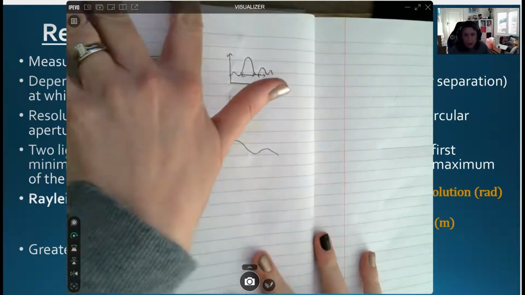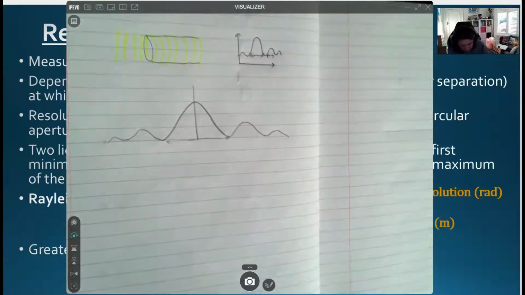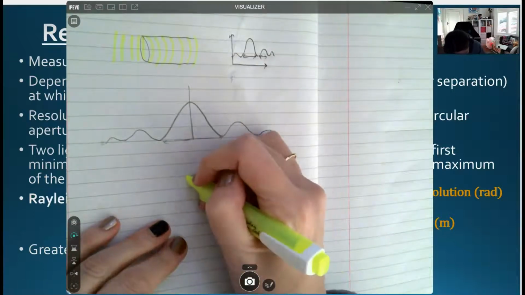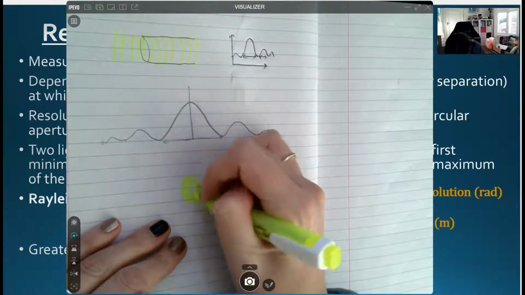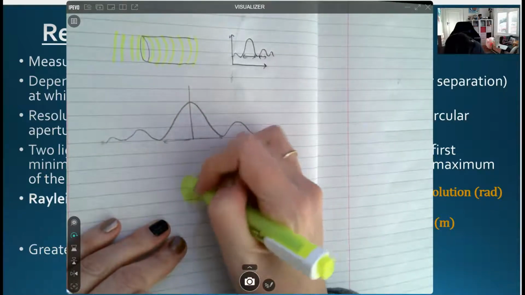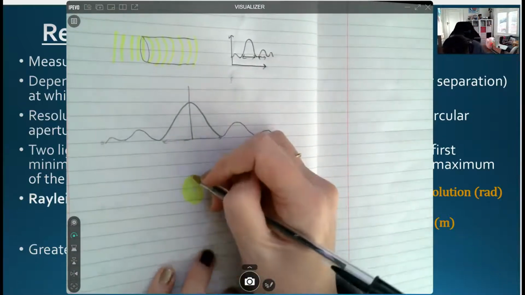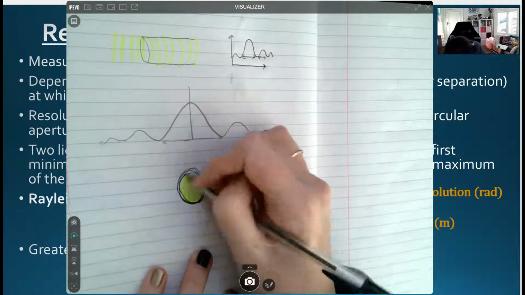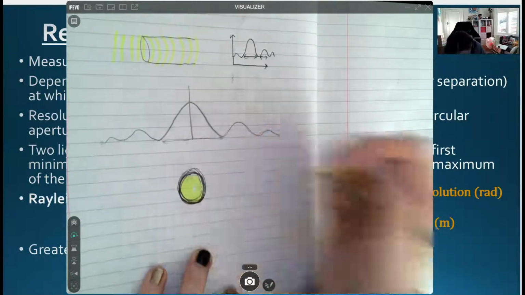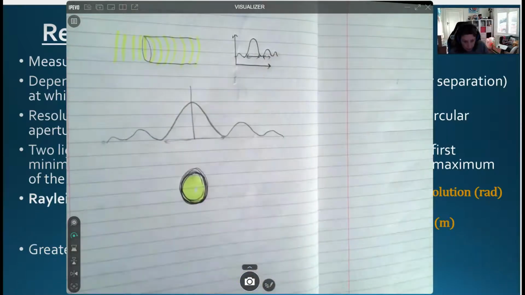Now what that looks like in your telescope, the central maxima, is called an Airy disc. And then you get a minima. Then the next maxima is dimmer, but it's also smaller.